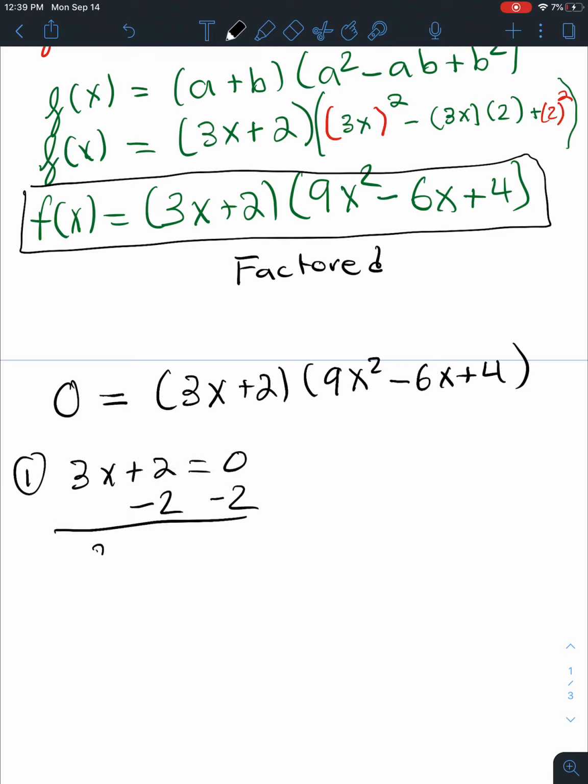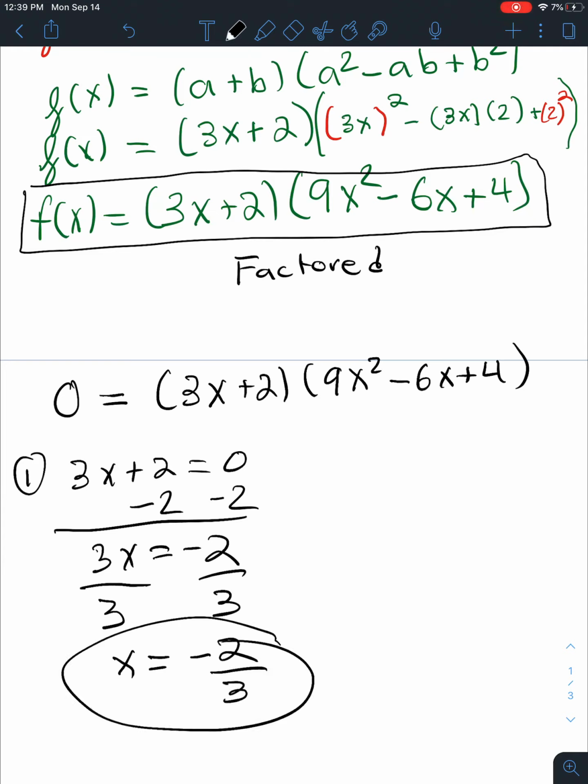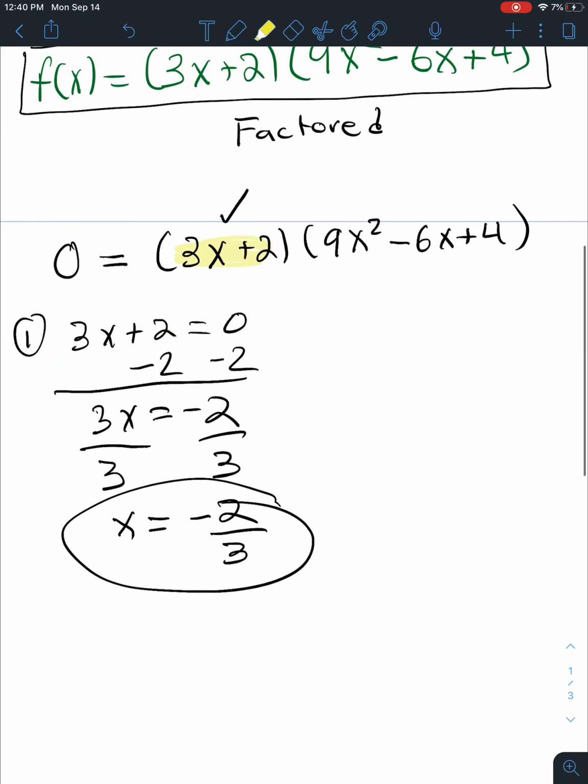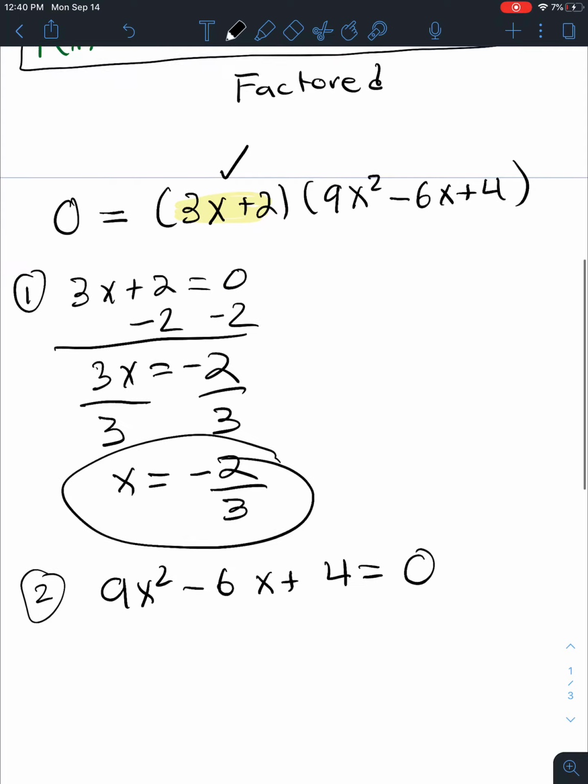Subtract 2, get negative 2, divide by 3, and get negative 2/3. So that is our first term. We should be familiar with finding a zero, a root, a solution of something that looks like that. So next is the lovely 9x squared minus 6x plus 4 equals 0.